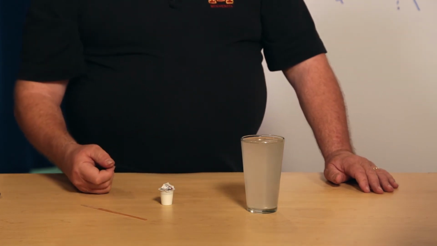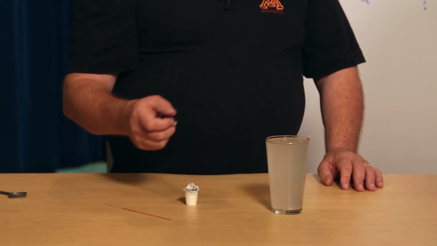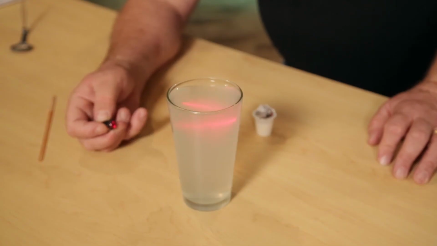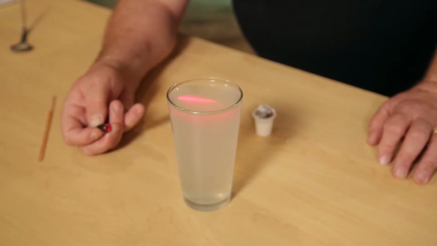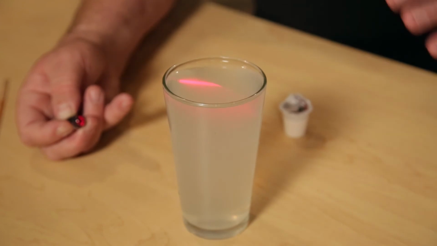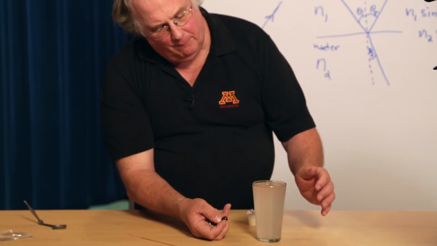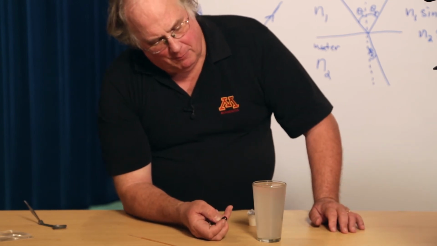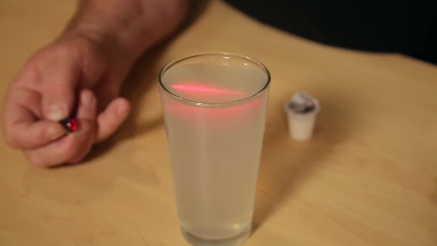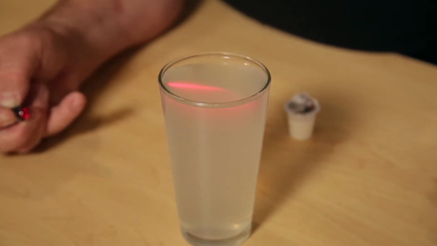Eventually, you come to a very interesting situation in which the angle in the air is 90 degrees. You can approach that from below or from above. You bounce it off from below. We're going from high index of refraction to low, so the refracted beam is bent over more. Eventually you get to the point where the ratio of the two indices of refraction is such that the angle in air just can't bend over anymore.